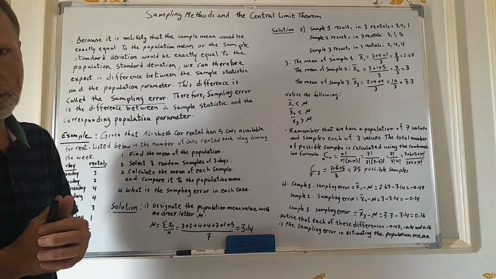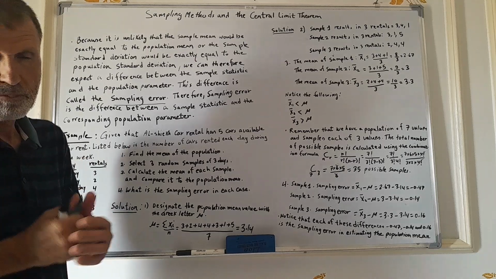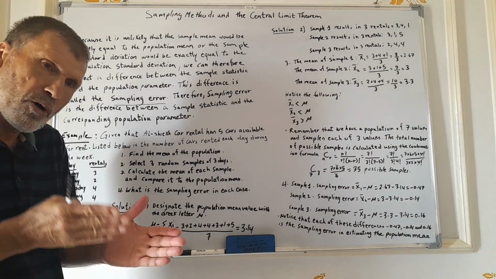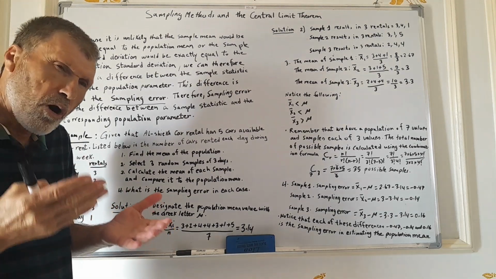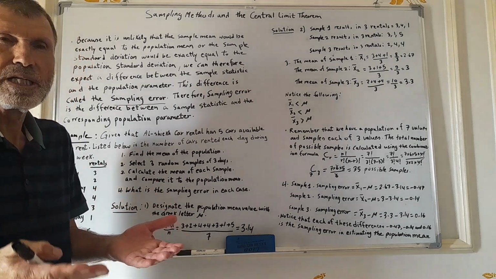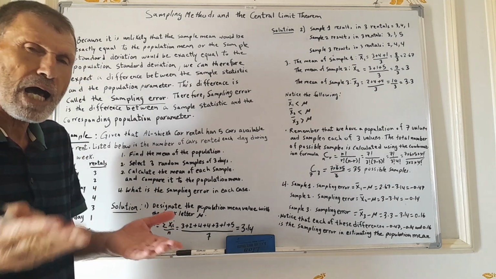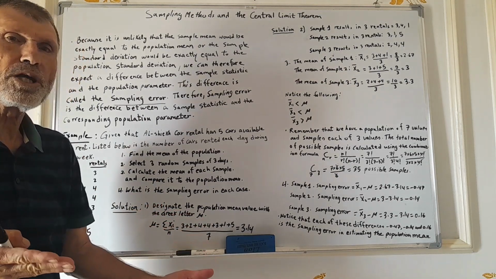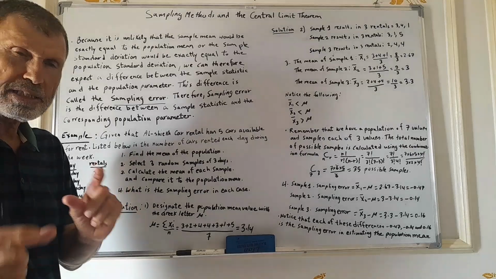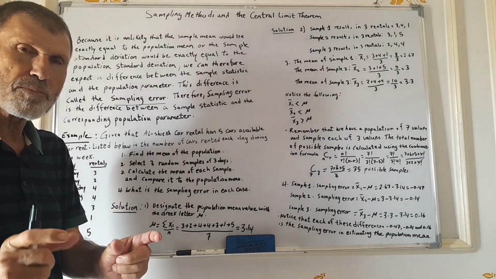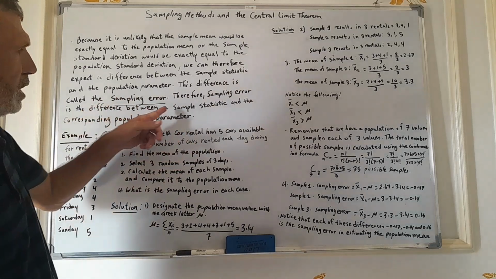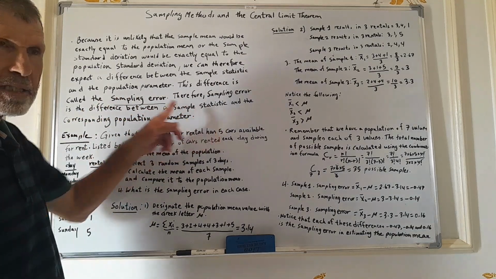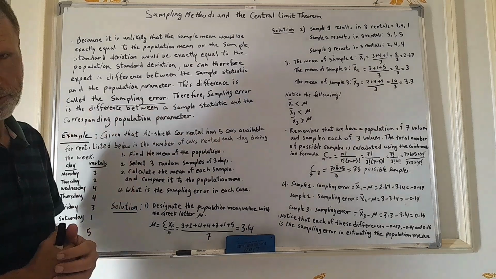There's a difference between them because a sample is a portion of the population. So there should always be a difference between the sample statistic and the population parameter, and this difference is called sampling error. So sampling error is the difference between a sample statistic and the population parameter.